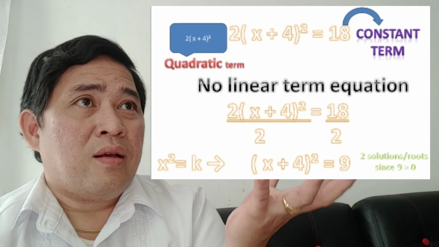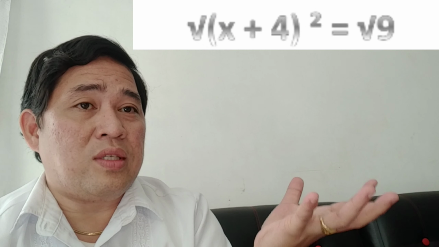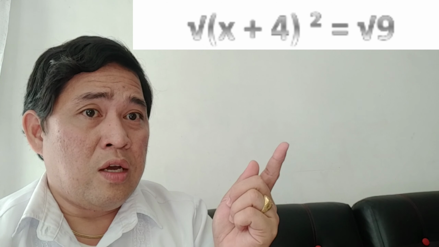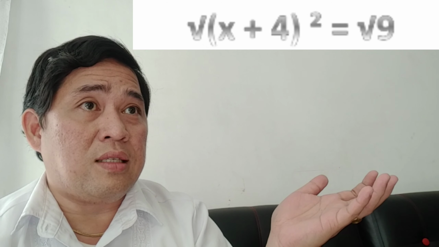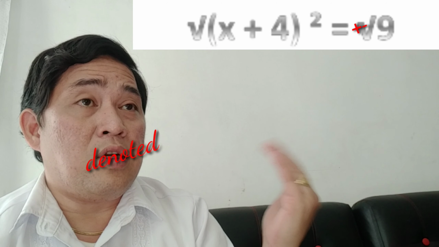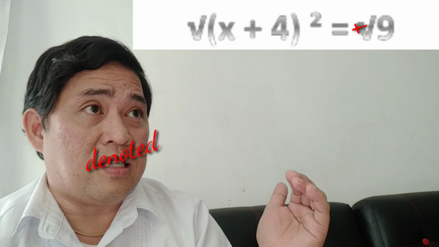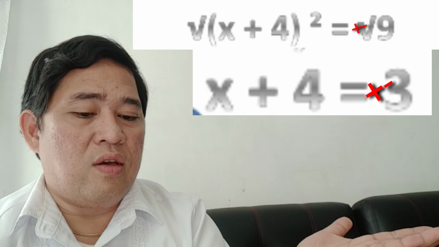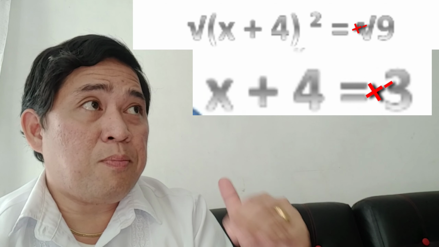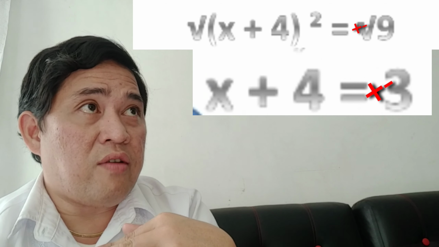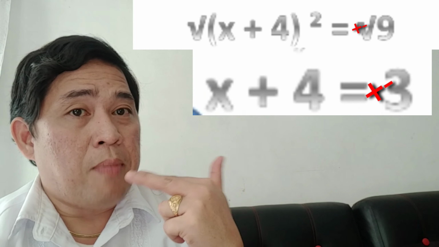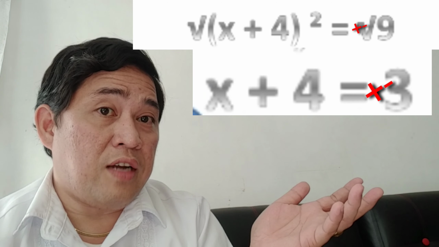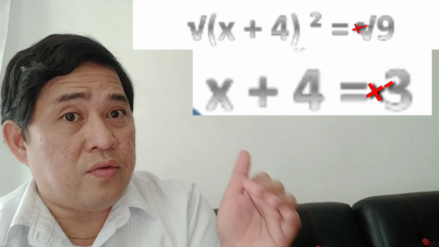Okay? So now let's use the radical sign on both sides to eradicate the power of 2. Remember, when we use radical signs, it can be denoted by positive and negative. Then the result is x plus 4 equals plus or minus the square root of 9, because 9 is the perfect square of 3.